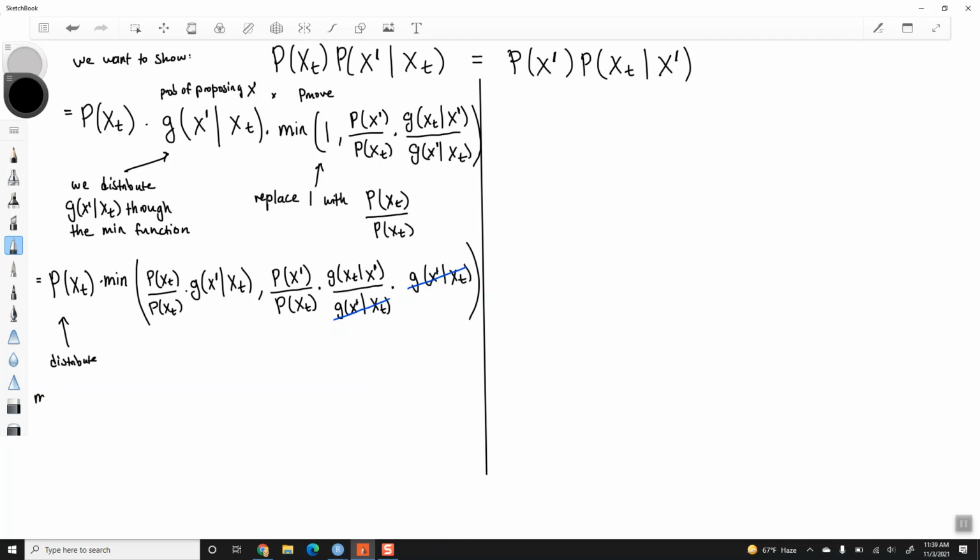So now we get, this is equal to the min of, so I've got p of xt times p of xt divided by p of xt times g of x prime given xt times p of xt, p of x prime, p of xt times g of xt given x prime.